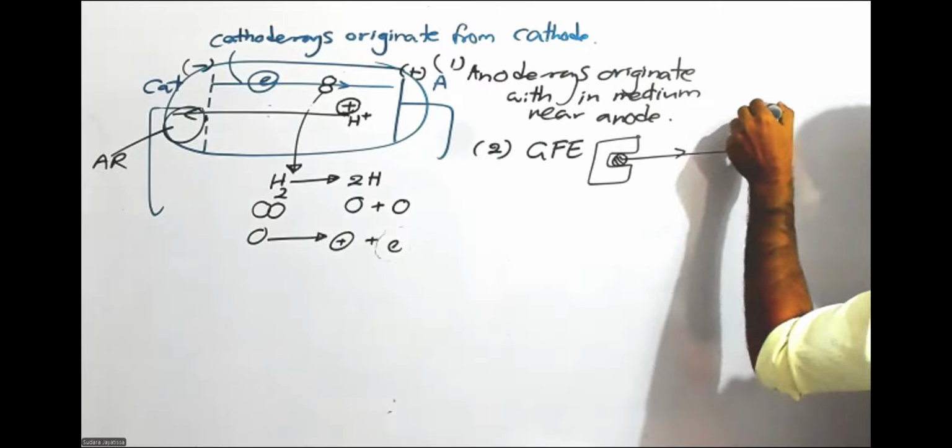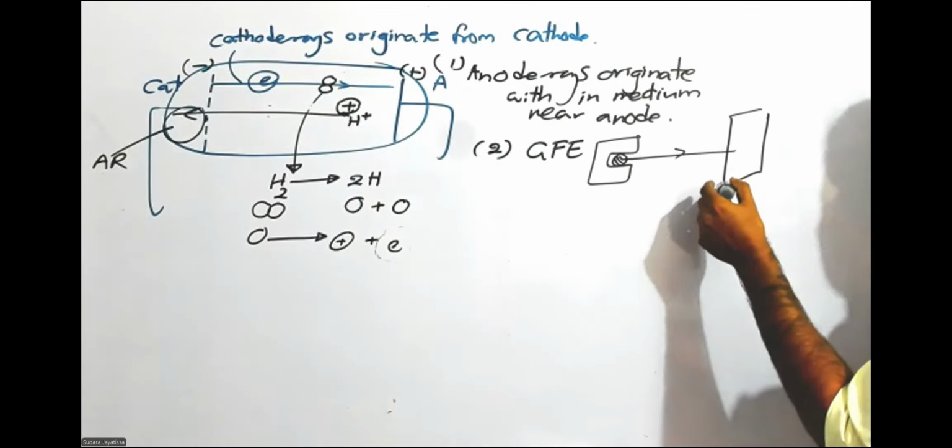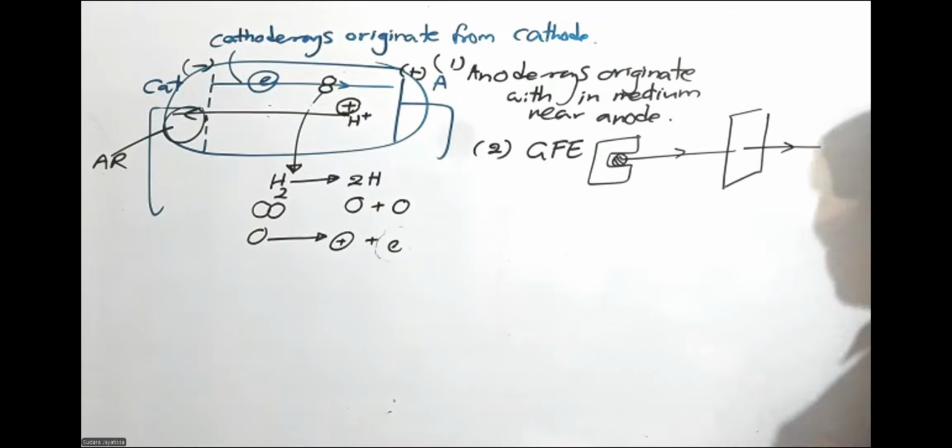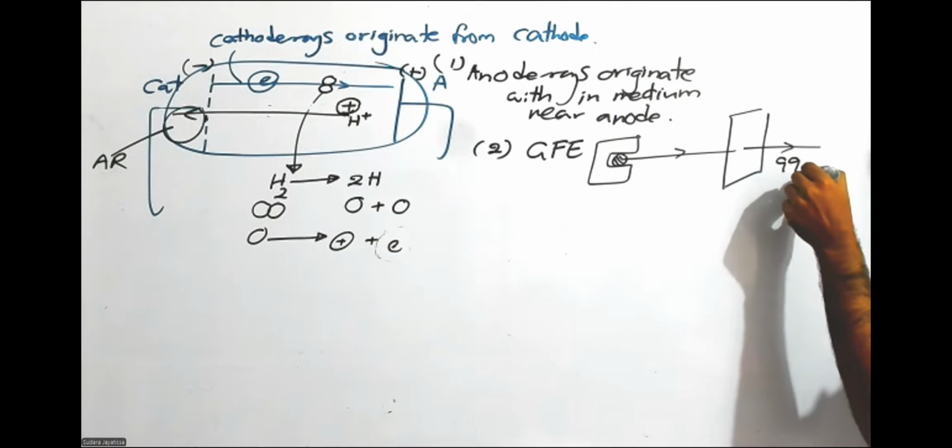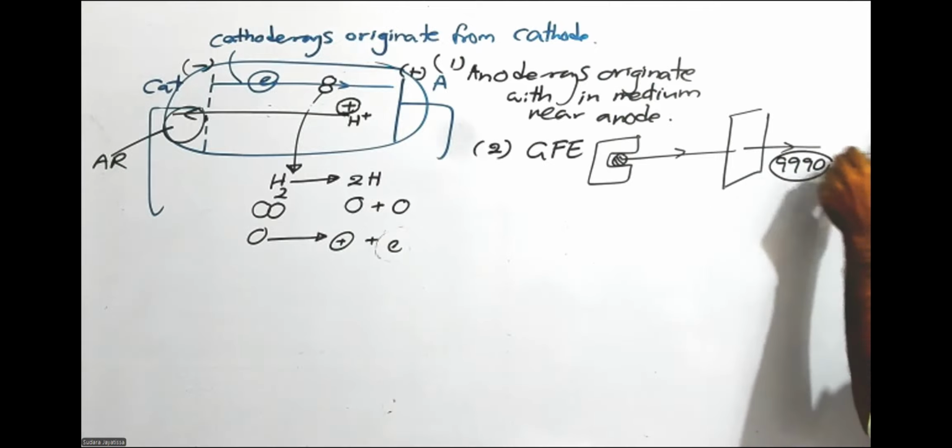When you radiate alpha particles towards the gold foil, the majority of the alpha particles pass through the foil without any deflection. Remember the number I gave you, 9,990 are passing without any problem.